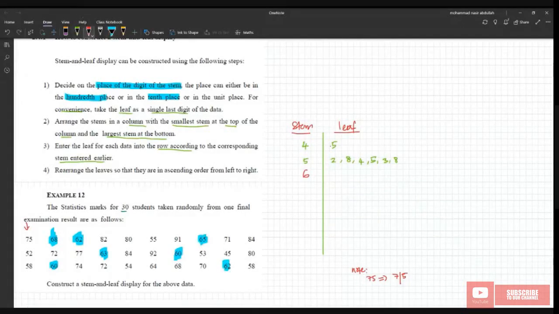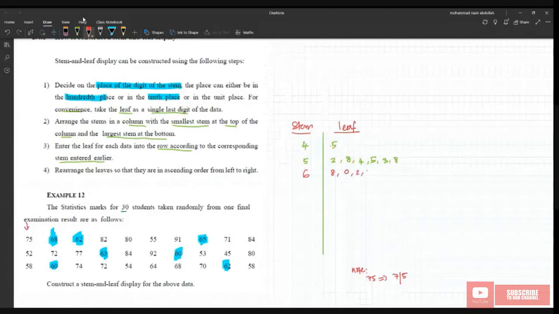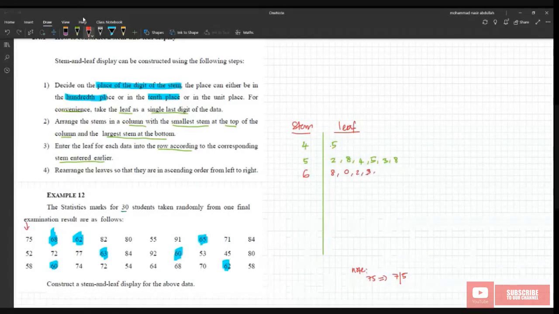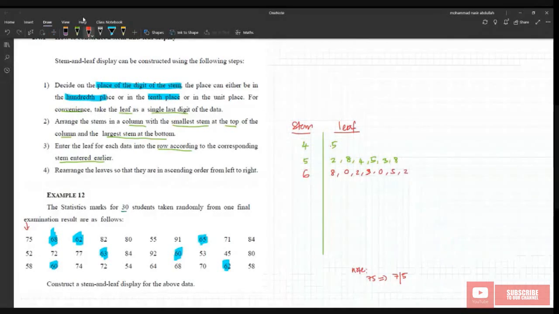So this is going to be 68, 60, 2, 3, and then this is 0, 5, 2, right? So again, we have 7 observations here, right? This is the first step, and then we move to 7.